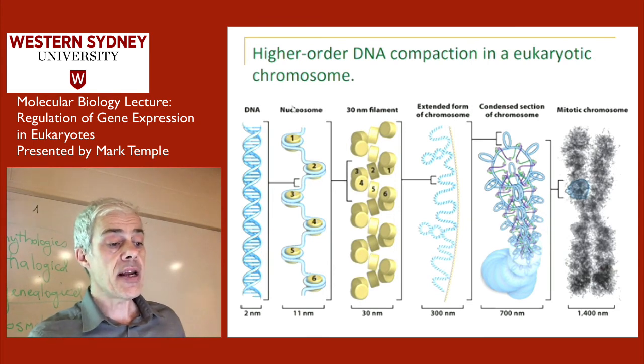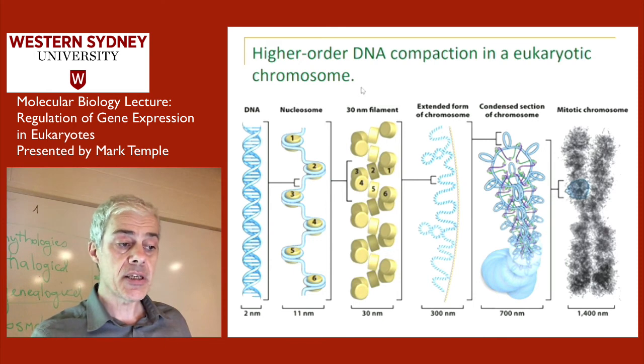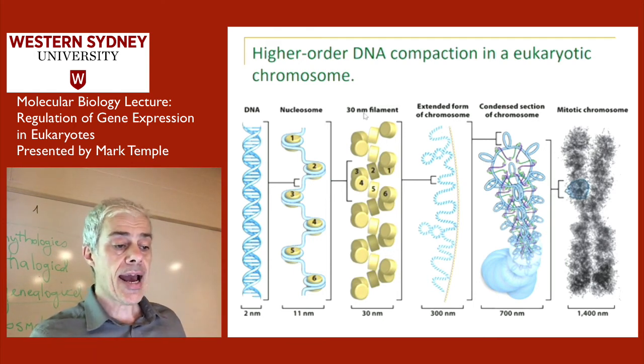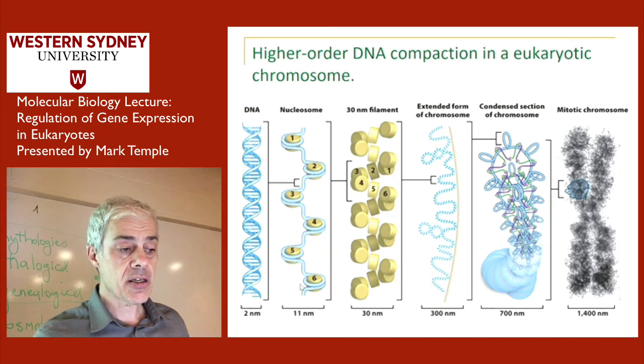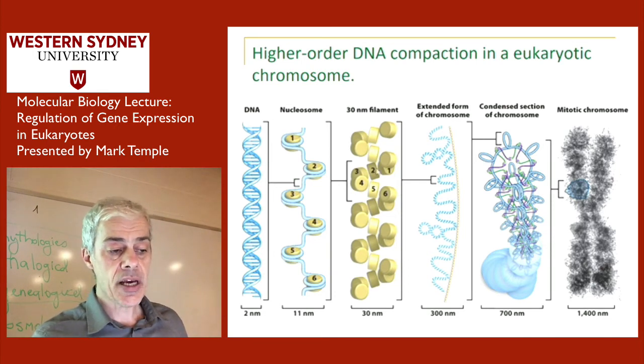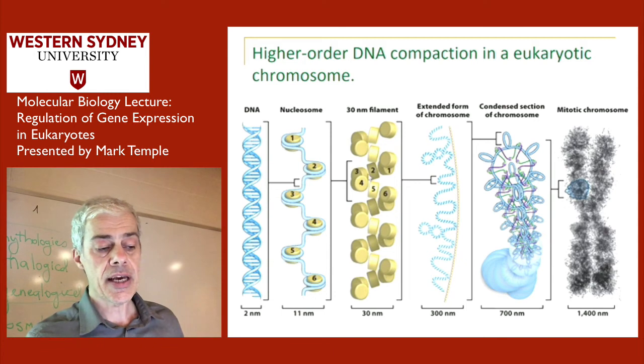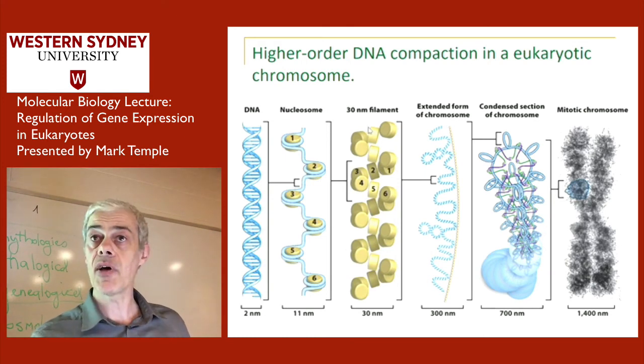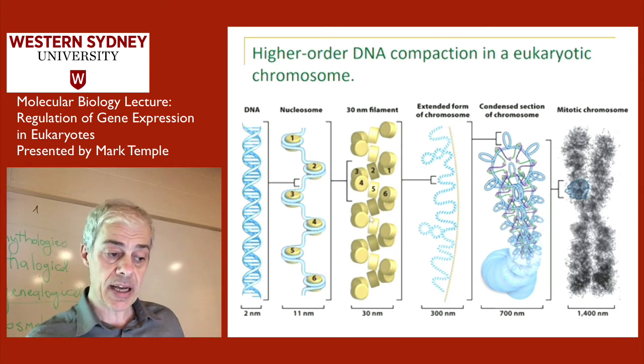Okay? And then in the next diagram, we're looking at this 30 nanometer fiber or filament. You can see these 6 nucleosomes organized as part of this helical structure. Again, that helical structure has about 1,500 base pairs of DNA, and you've got 1, 2, 3, 4, 5 lots of those, so I don't know, 7,500 base pairs of DNA wrapped up in that little section of fiber.